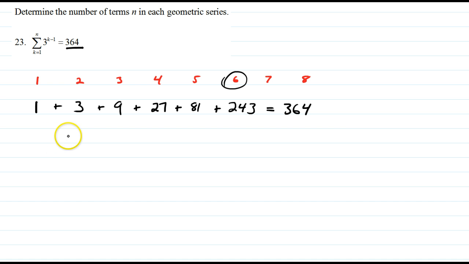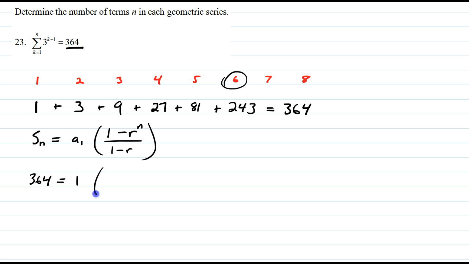So if you want to use the formula for this one, the sum is equal to the first term times 1 minus our ratio to the nth power over 1 minus r. So we know that the sum was 364. We know our first term was 1.